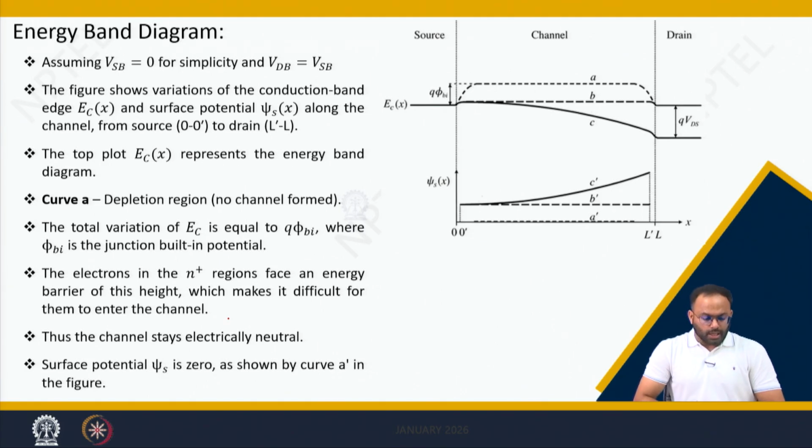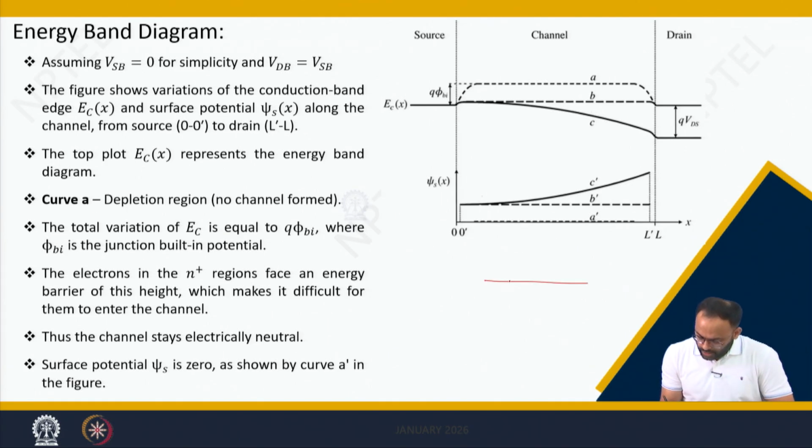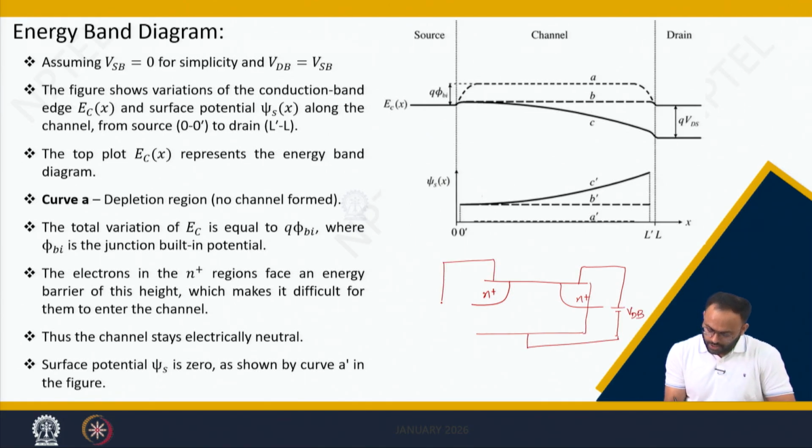So let's analyze the MOSFET technically, meaning using a band diagram. For the sake of simplicity, let us consider VSB is 0. So again, you have N plus here, N plus here, you apply VDB and you apply VSB here.